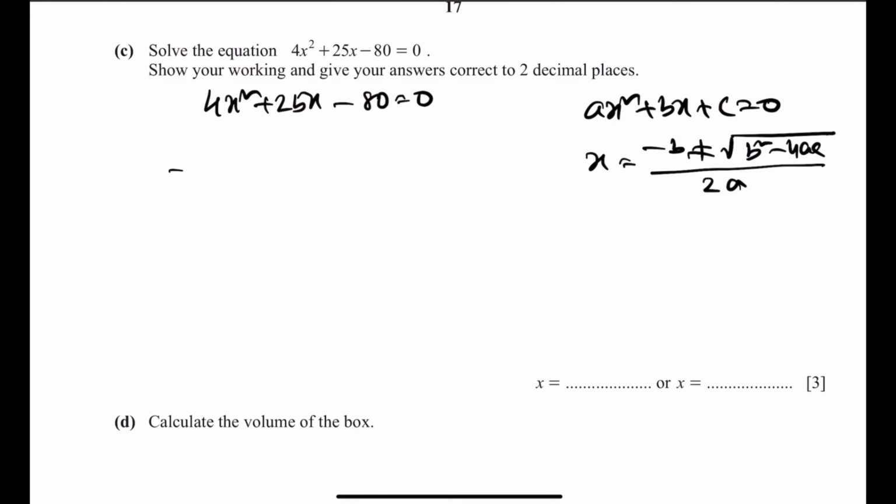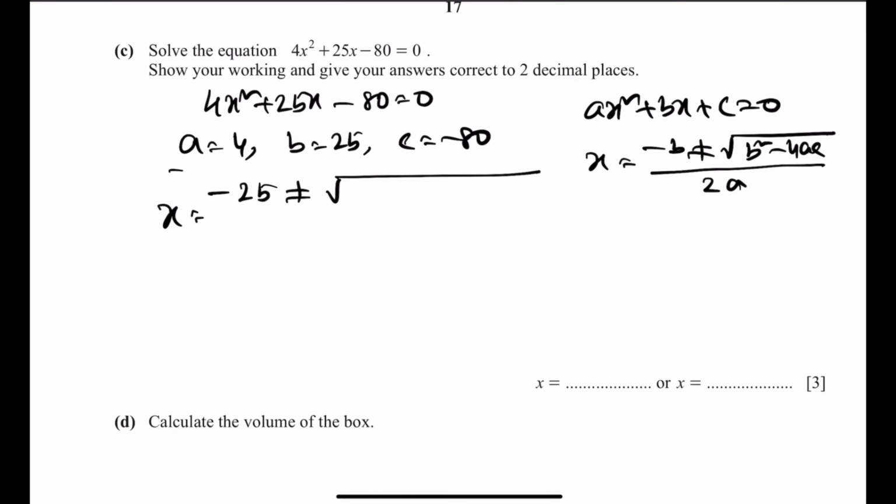So let me use this value here. a is 4 and b is 25 and c is minus 80. So x equals to minus 25 plus or minus root over 25 square minus 4 times a is 4 and c is minus 80 divided by 2 times a is 4.